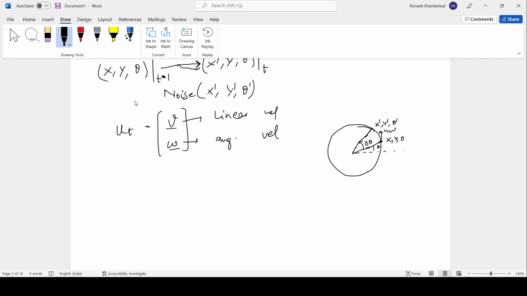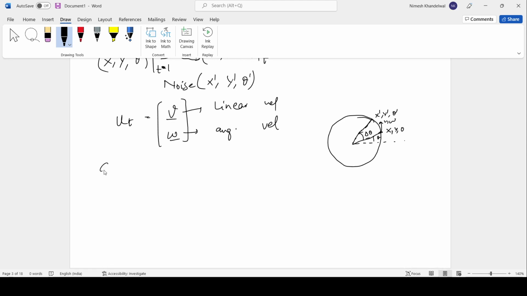Then I want to know, given x, y, and theta, and v and omega, what is your x prime, y prime, and theta prime, the new states after you have applied the control.